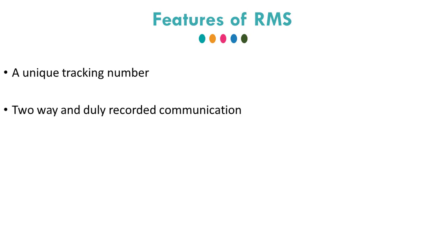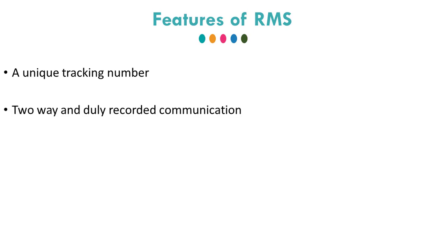Now, I will be discussing few features of relationship management system which explains why this online platform is effective for addressing your concerns. So some of its unique features have been highlighted below. A unique tracking number is generated with each RMS request, through which status of each query can be tracked if required.